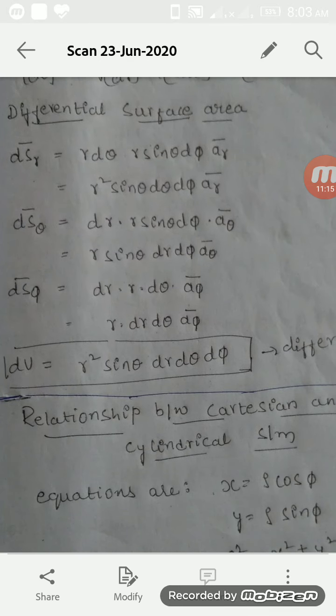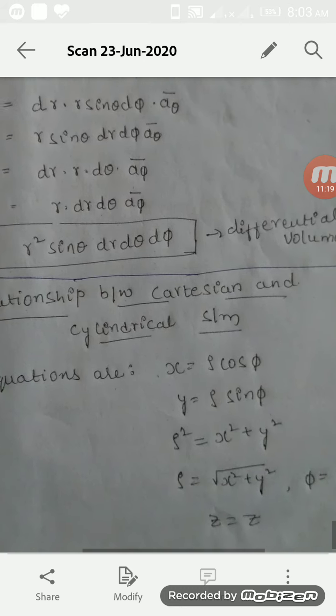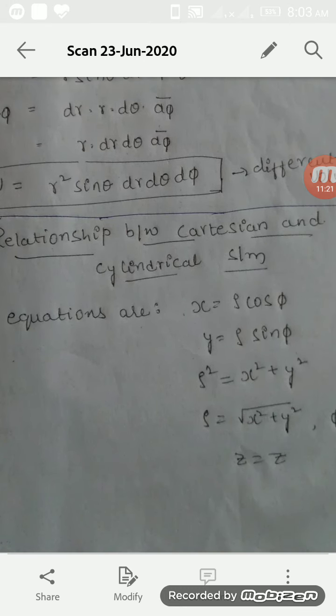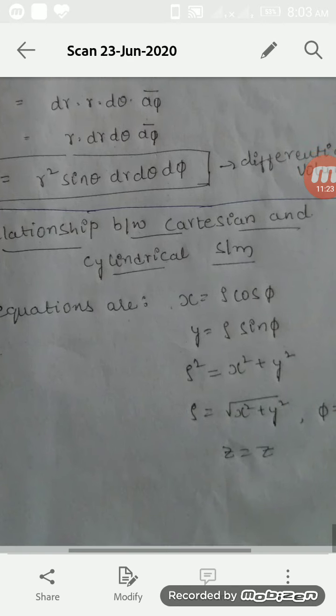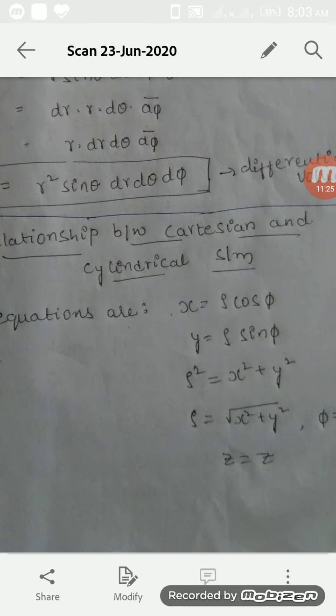Next, we'll go on with the relationship between different systems. Here the relationship between Cartesian and cylindrical systems I had done in the class, where the equations are x equals rho cos phi, y equals rho sin phi. Cartesian systems are x, y and z, but between Cartesian and cylindrical systems the z component is the same.